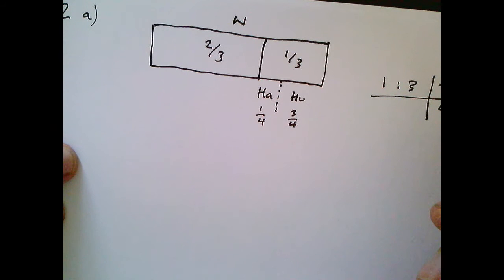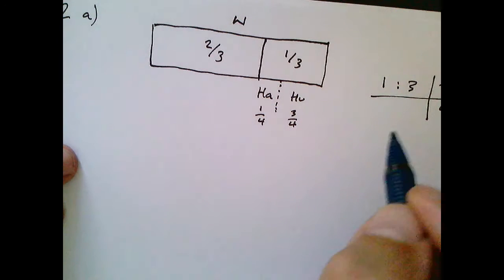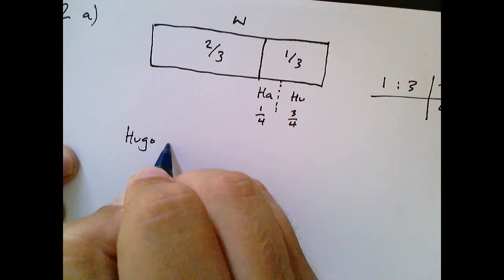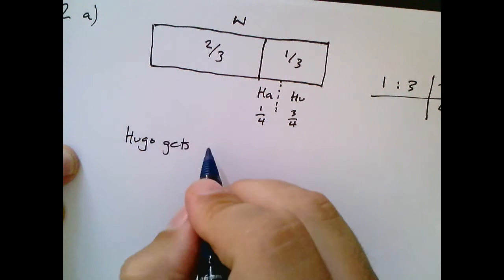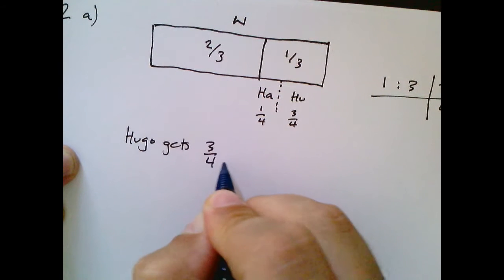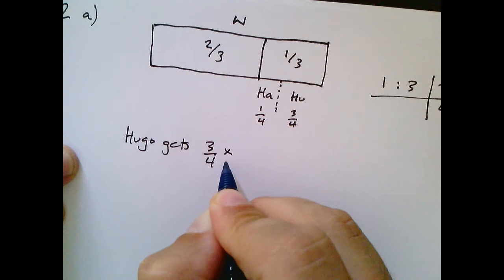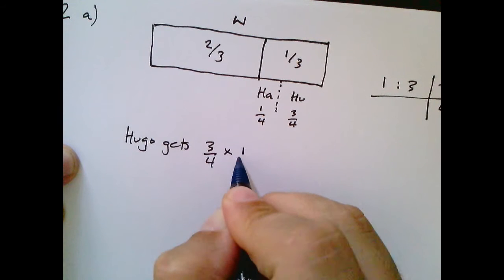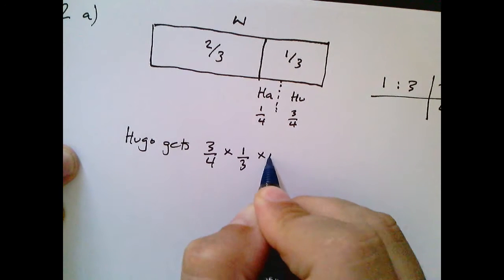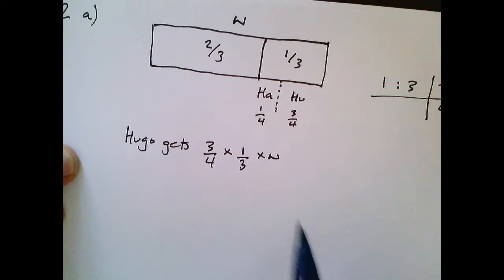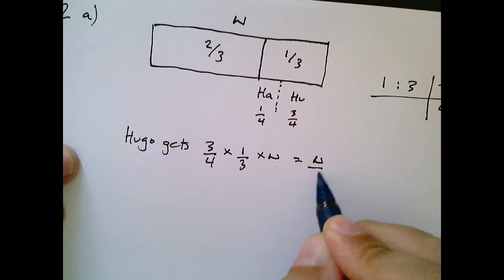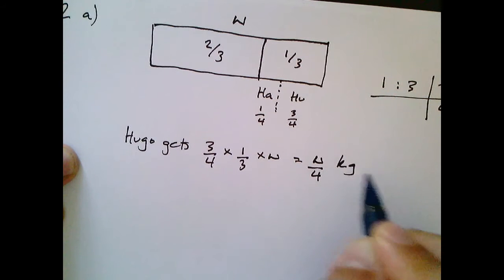Okay, so if each pays me P pounds per kilo, how much does Hugo pay me? So Hugo gets 3/4 of, remember the maths for of is times, of 1/3 of W kilograms, which is, you can cross out, W over 4 kg.